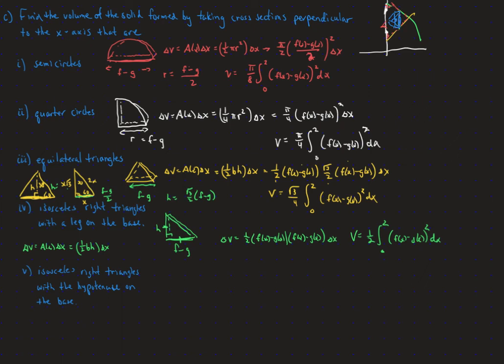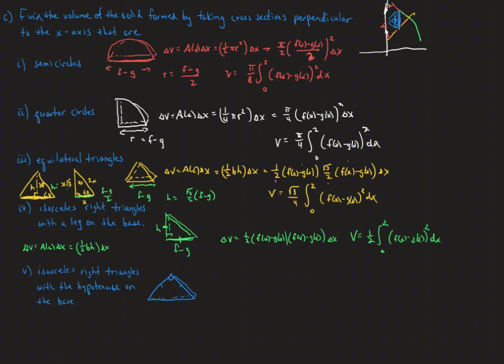And the hypotenuse is right here on the actual region. So I'm going to draw that, here's the hypotenuse that's on the region, still isosceles, but that puts the right angle up here. And so again, we're going to get our little delta x for a thickness.